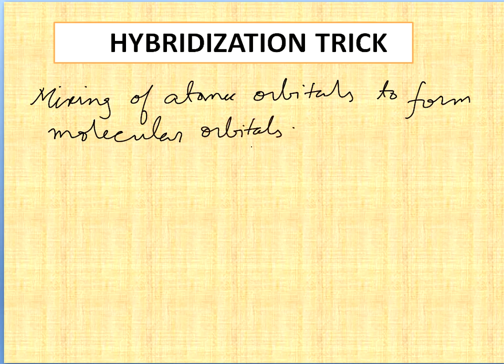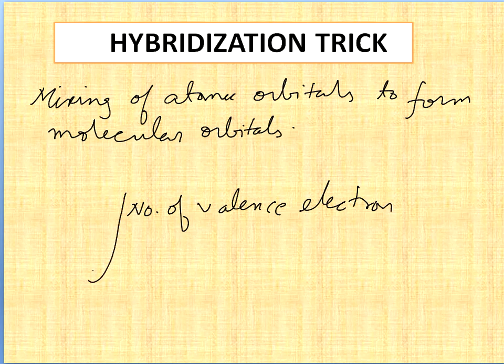So next, coming to the trick, we have to find the number of lone pairs and number of bond pairs. Take the number of valence electrons and divide by 8.